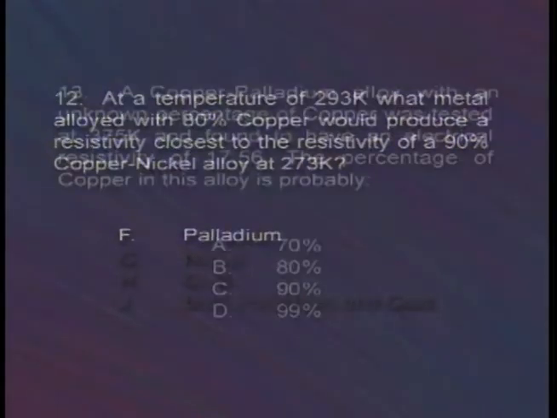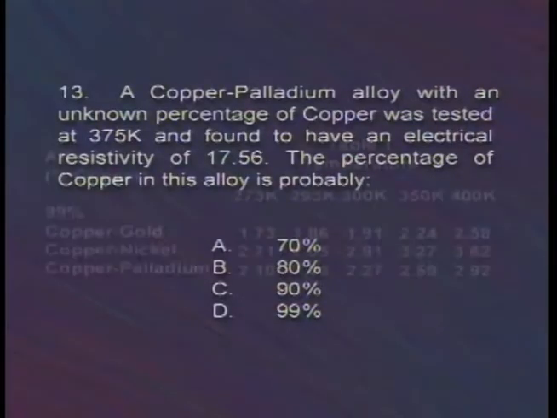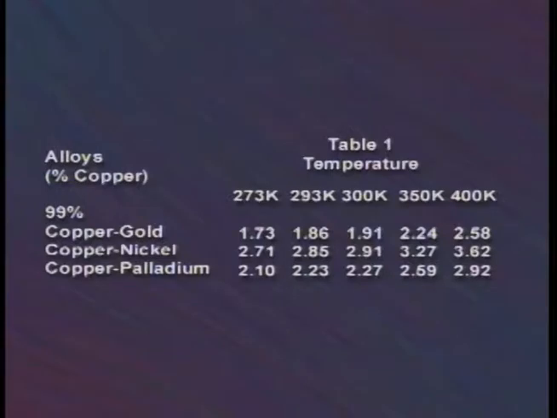Question 13. A copper-palladium alloy with an unknown percentage of copper was tested at 375 degrees Kelvin and found to have an electrical resistivity of 17.56. The percentage of copper in this alloy is probably... Well, this question is asking us to predict new information.